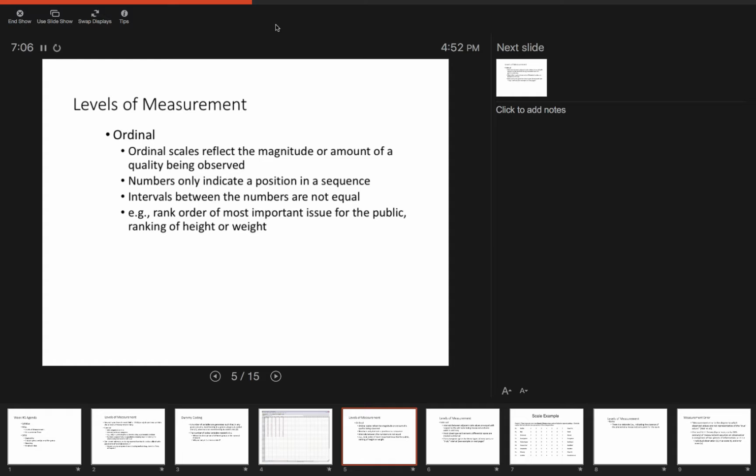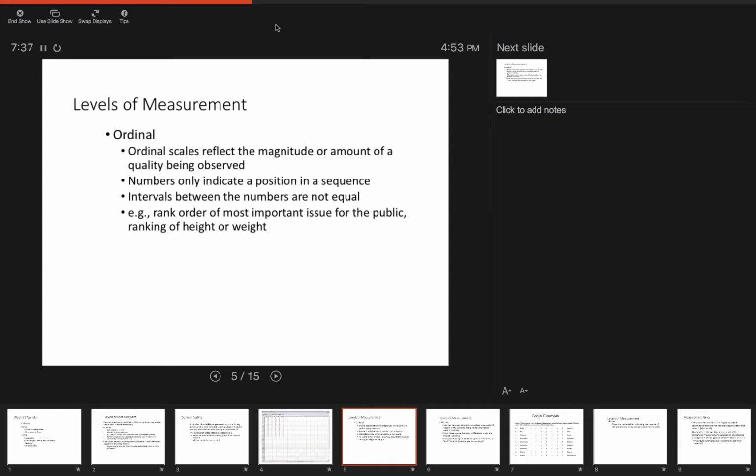And so all we have is some order. If we were all to run a marathon and we just captured the order that we came in, not the time, just the order from the person who finished first to the person who finished last, that ranking would reflect an ordinal level measure. Make sense?